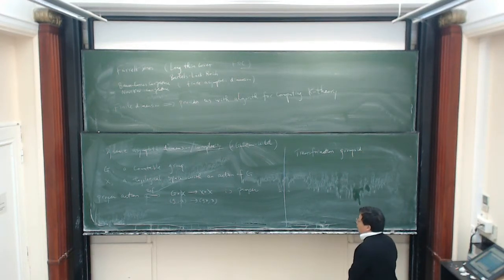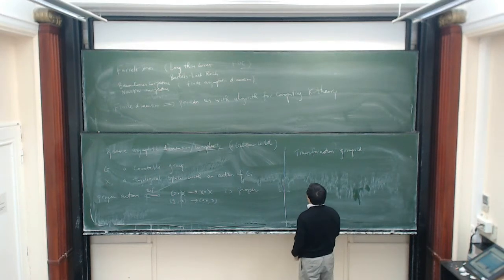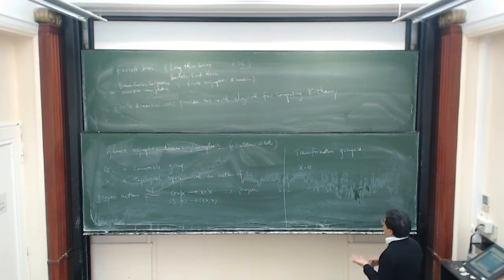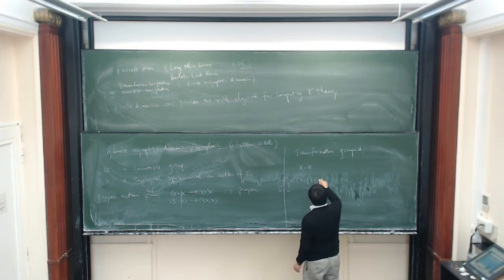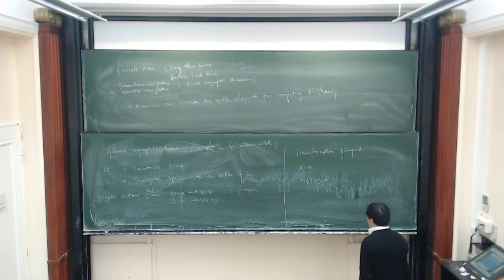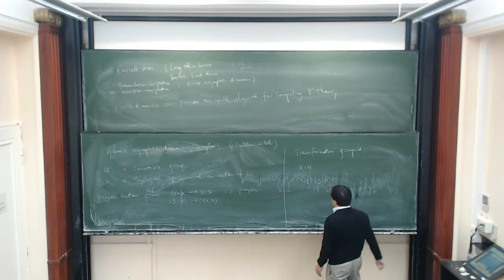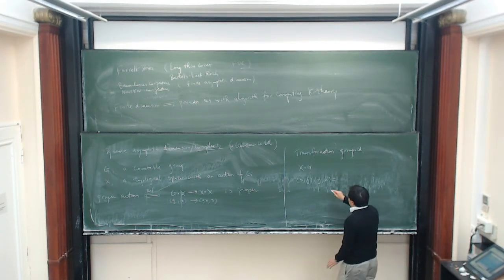Okay. Now, as a set, this is simply just the product of the space with a group. And we want to define some kind of multiplication. So if I have two elements in this space, I want to define what is meant by their product. Okay, so this is only partially defined. It's not defined on all pairs.